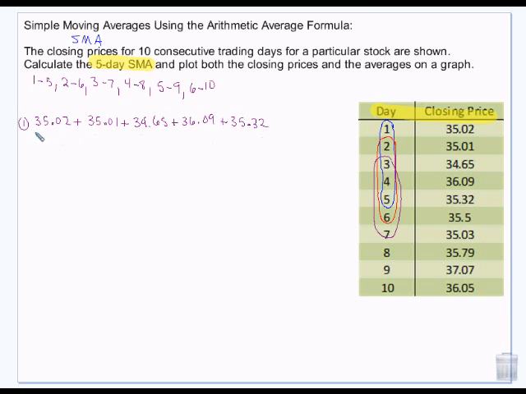Okay, that's 5 days, right? Look how simple it is. Then we divide by 5, and when I add all that up and divide it by 5, I get 35.22.